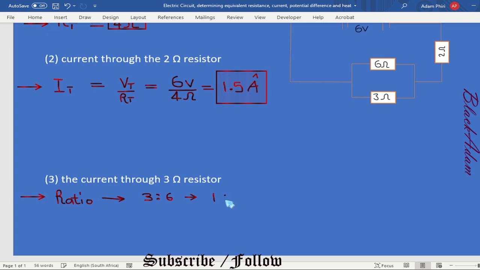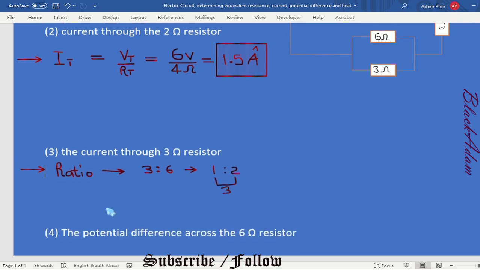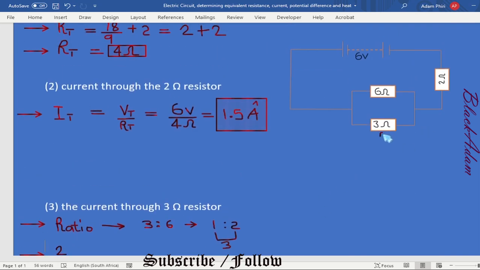So it's 3 to 6, so the ratio is 1 to 2. The total ratio is 1 plus 2, which is 3. So 2 over 3 will go through the 3 ohm, and 1 over 3 will go through the other side.